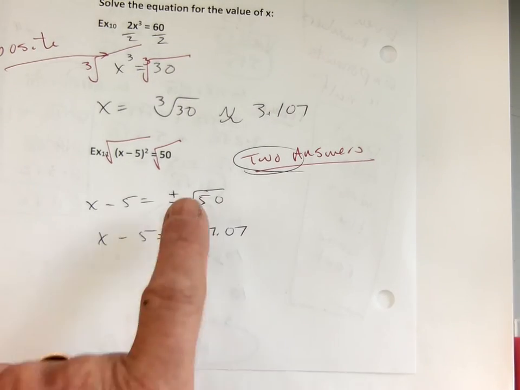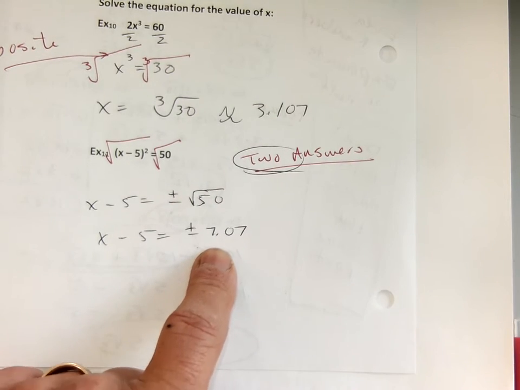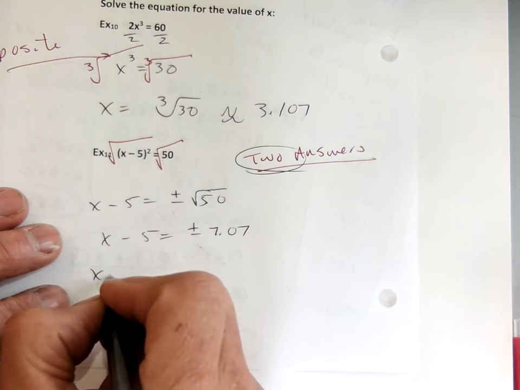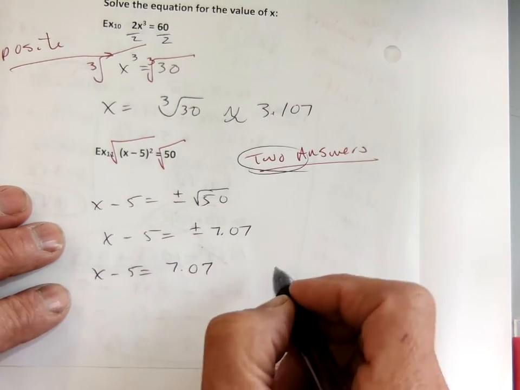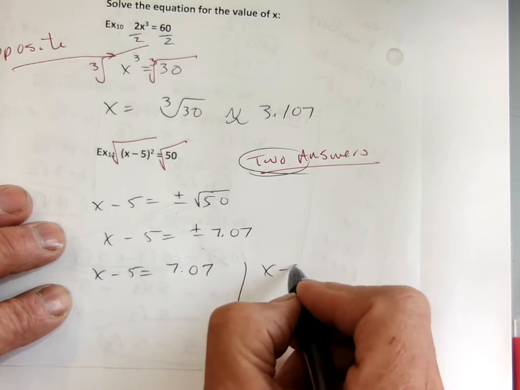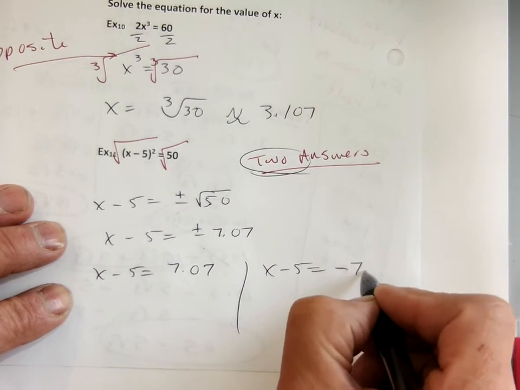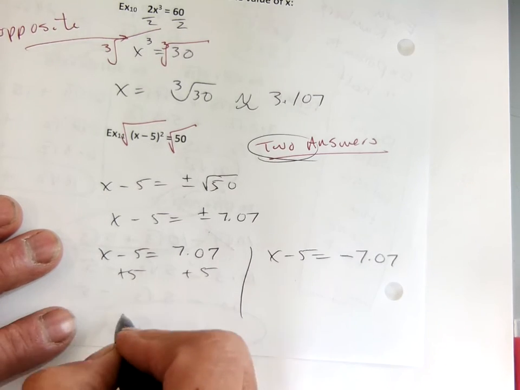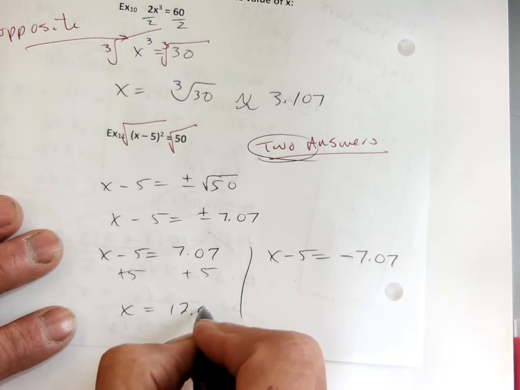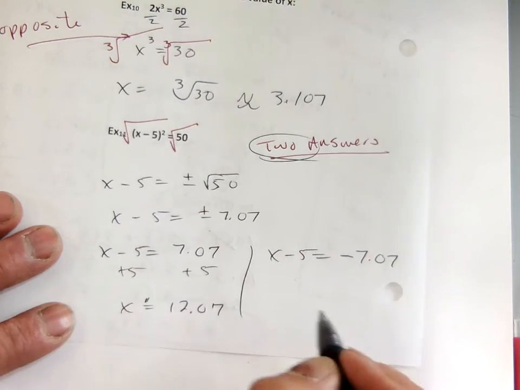Now, 2 answers. So we get x minus 5 equals 7.07, and x minus 5 equals negative 7.07. Let's just solve. Plus 5, plus 5. 12.07 is one answer, approximately.